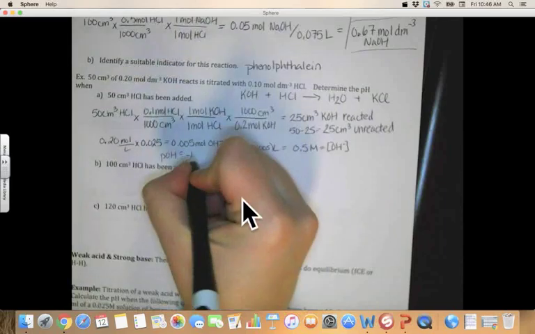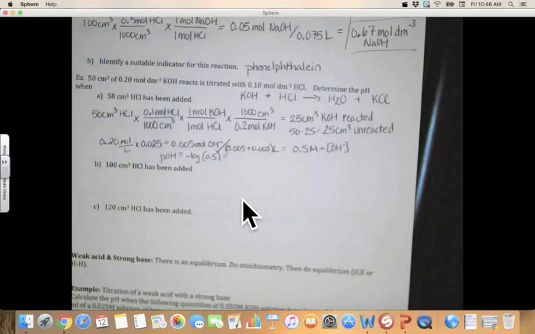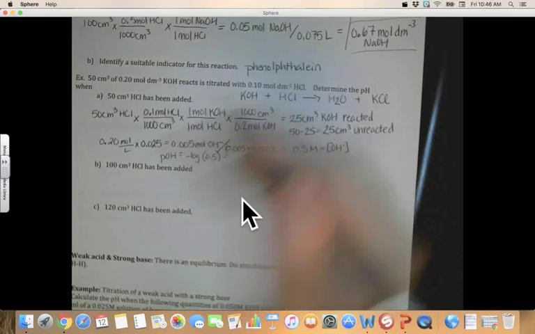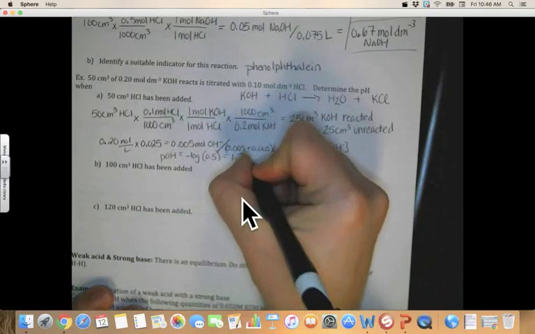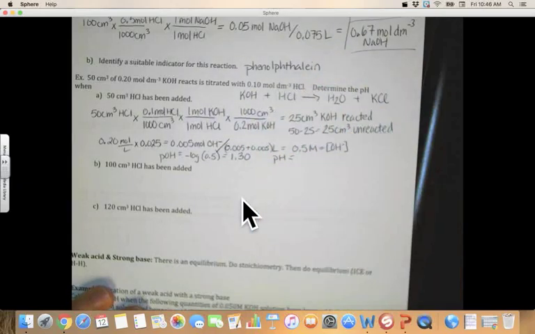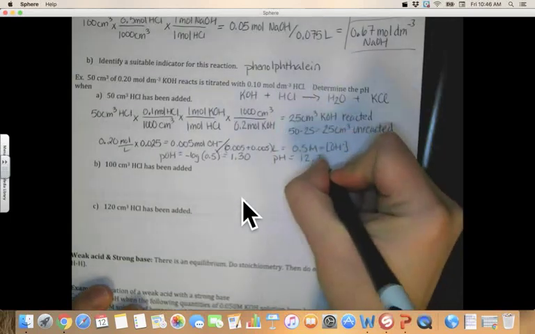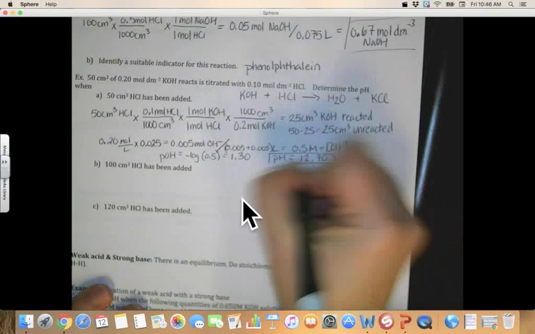So that gives me 1.30. So my pH, I'm going to subtract that 1.3 from 14, and I get a pH of 12.7.